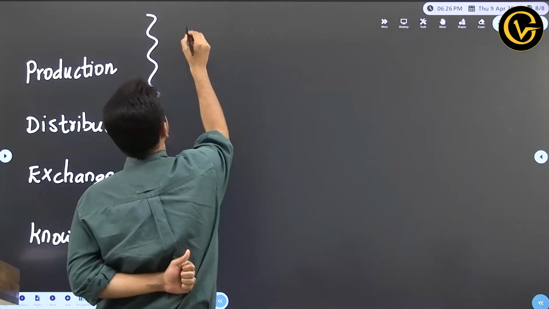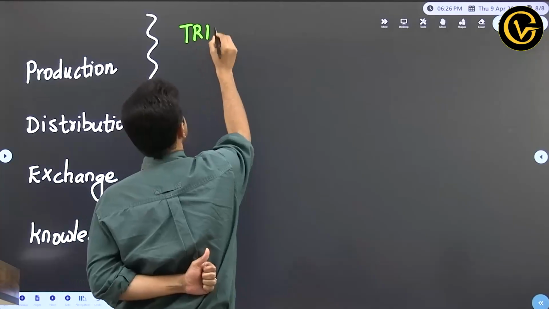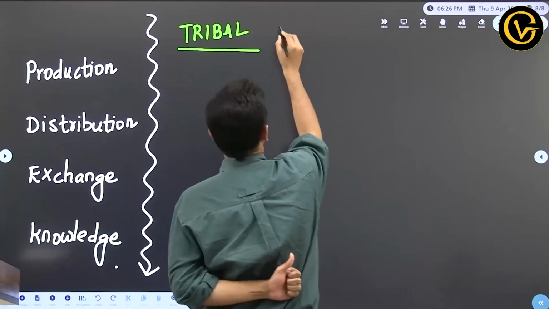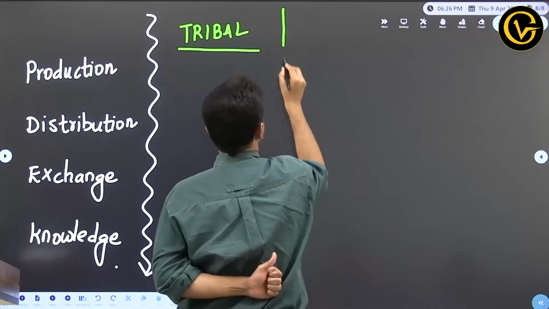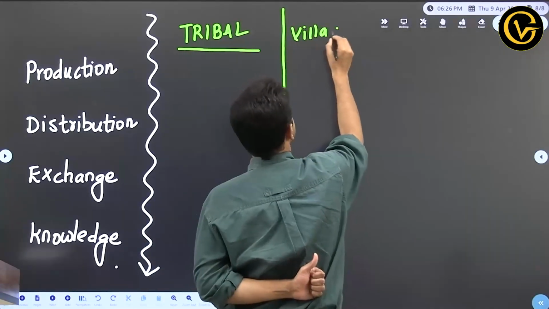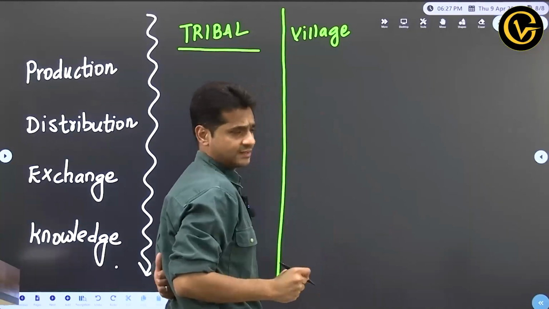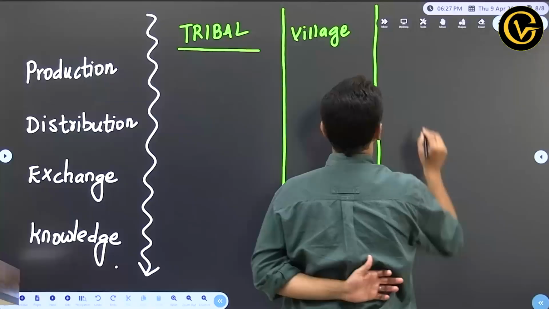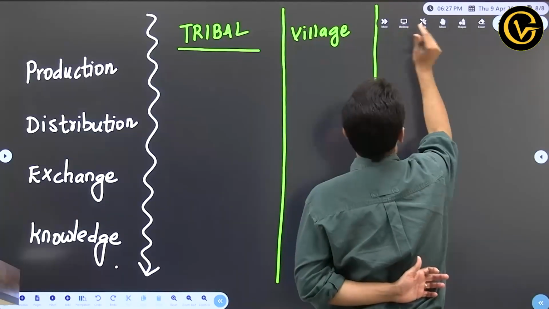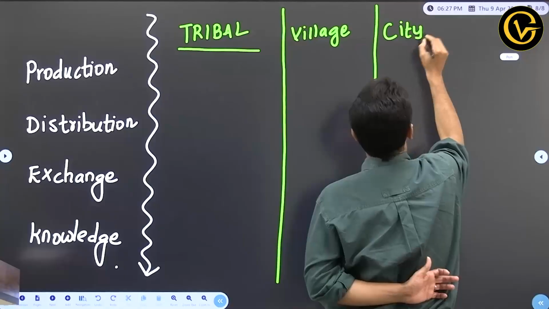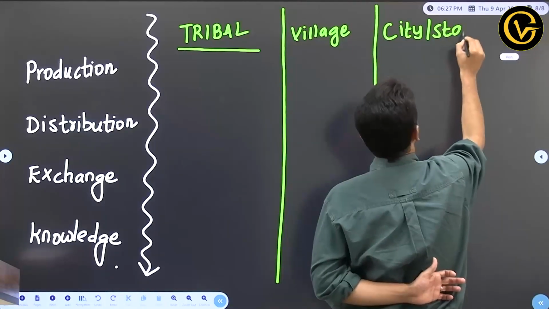Let's say a small tribal society or indigenous society. And let's take another example, a village. And another example, let's take a big city or a big state, something like that.